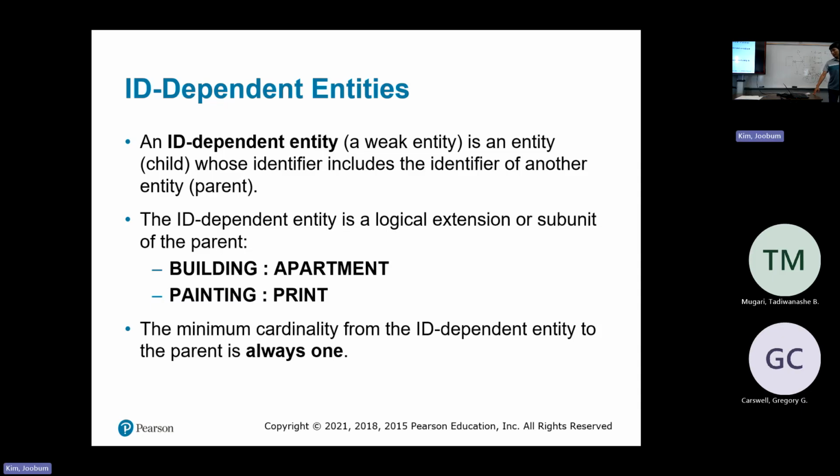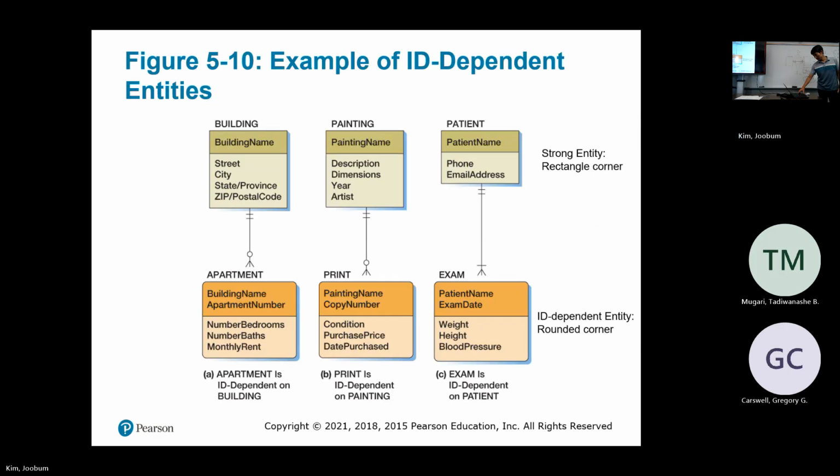An ID dependent entity is also a weak entity, but a little bit different. What is different? The identifier of the child entity includes the identifier of the parent entity. Okay.